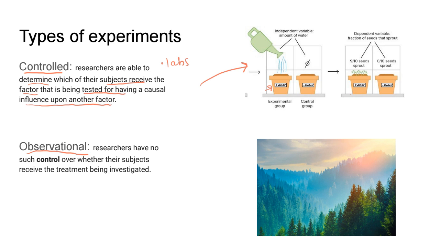An observational study, remember, science is nature. There's things that we just can only observe. We can't test on them because it's either illegal or it will hurt something or whatever, or it's too big or too expensive. Observational experiments are when researchers have no such control over whether their subjects receive the treatment being investigated, but they observe, they take notes, and they come to conclusions based off what they're observing.